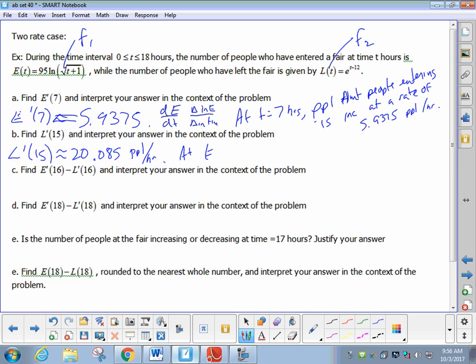Okay. What do you say? At time equal, I hope you refer to the time first and foremost. At time equal 15 hours, what? The number of people leaving is increasing at a rate of 20.085 people per hour.